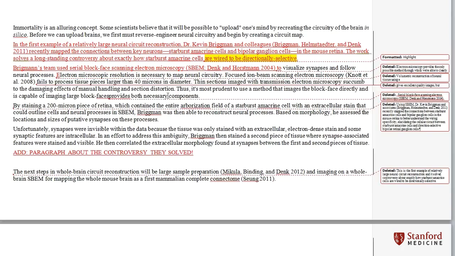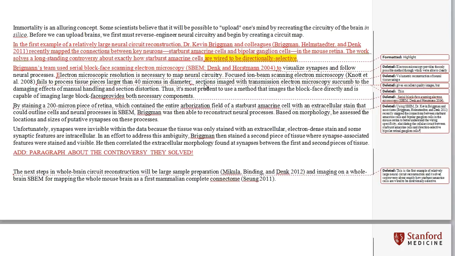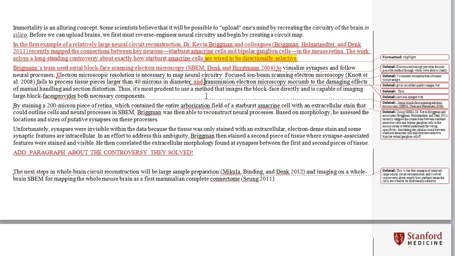So we could just say it fails to process tissue pieces larger than 40 microns in diameter. And then I'm going to connect this to this next type of microscopy that also doesn't work for this situation. Transmission electron microscopy is problematic because it requires thin sections, thin samples that often succumb to the damaging effects of manual handling and section distortion.